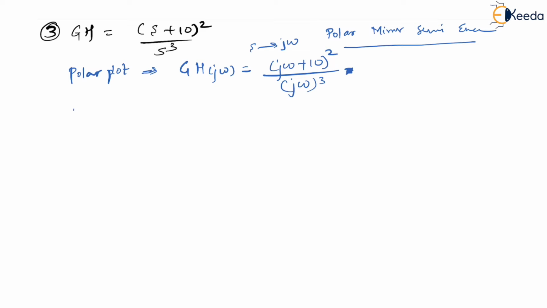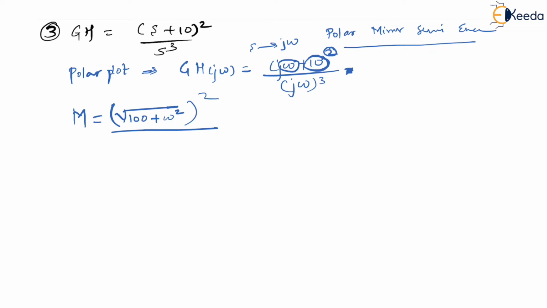Now if I think of magnitude, what is magnitude? M is going to be, if you see, the square root of real part square plus imaginary part square, which is 100 plus omega squared. And definitely you have the square on the top, so you have to have this square, right?